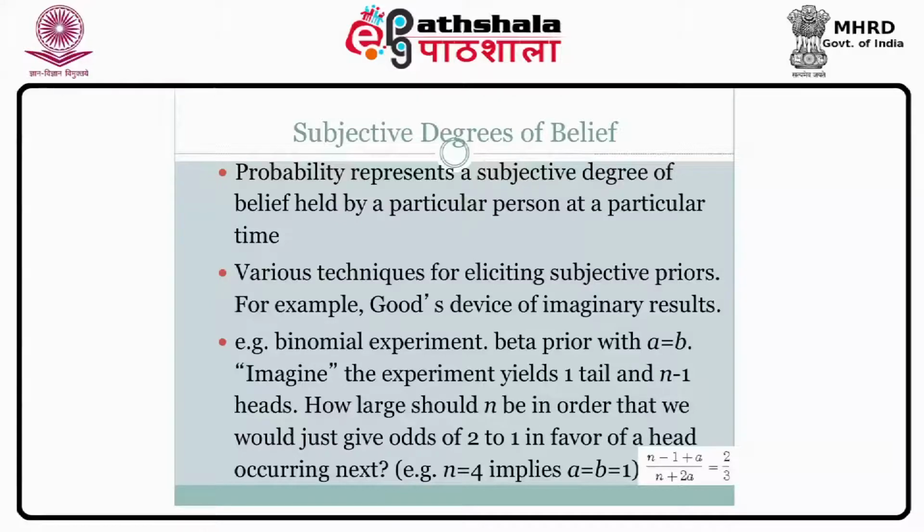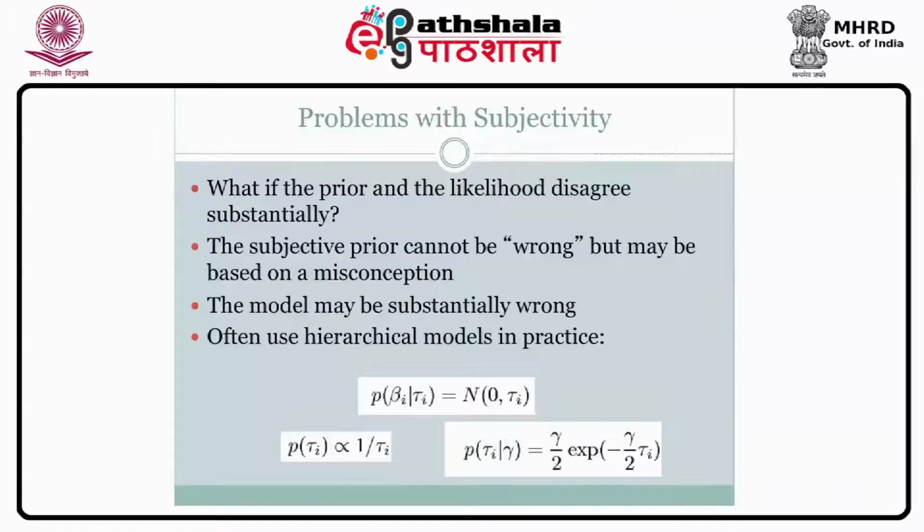But there are limitations of this kind of subjective prior because it varies from individual to individual. Now there are also some other problems. What if the prior and the likelihood disagree substantially? The result is that the posterior will be totally different. I mean, the posterior will be contradicting in the sense that it neither favors the prior nor favors the likelihood. The subjective prior cannot be wrong, but may be based on a misconception.